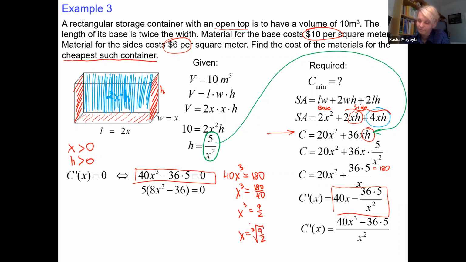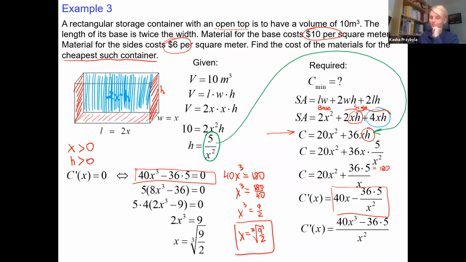And I believe I've got the same thing. I was just trying to be more helpful. Okay, but we don't have to. I factor out 5 and then I factor out 4, but I think 180 and 40 is much, much easier. We don't really have to look at my left-hand side. Okay, we have cube root of 9 over 2.